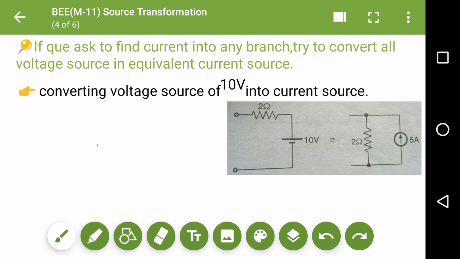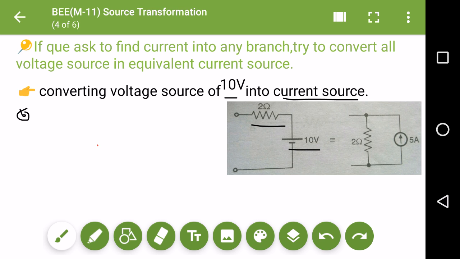Converting the voltage source of 10 volt into a current source. This is my branch over here, and the voltage source of 10 volt is in series with a 2 ohm resistance, and I have to convert this into a current source.